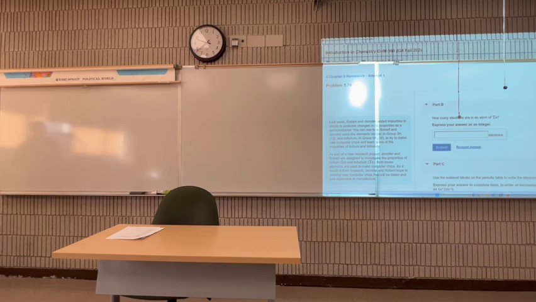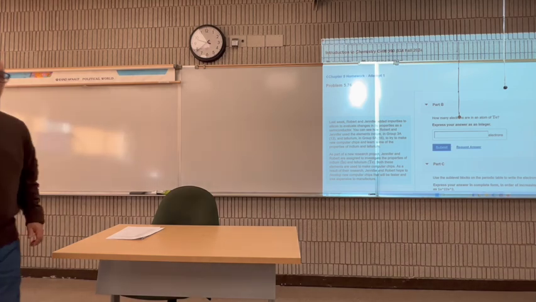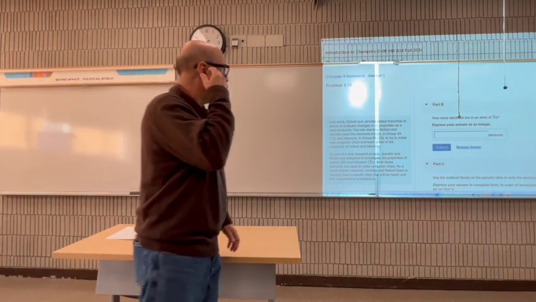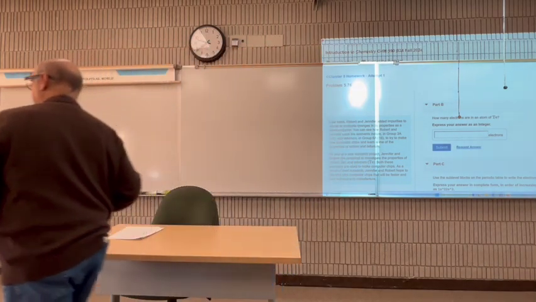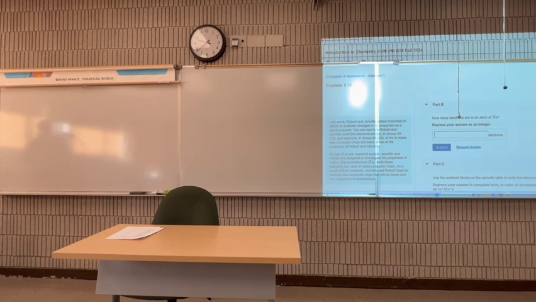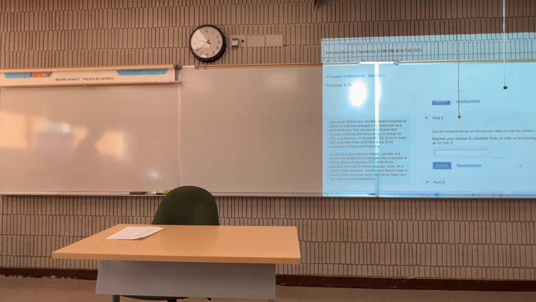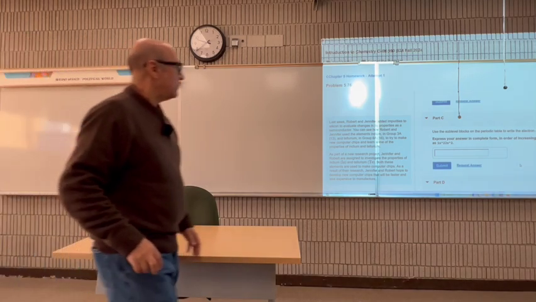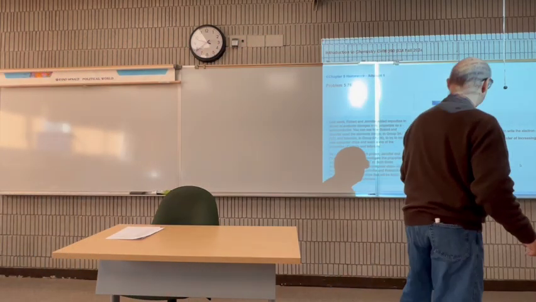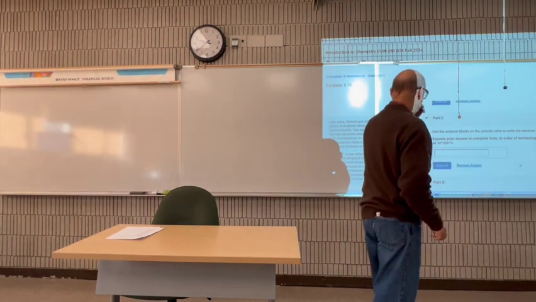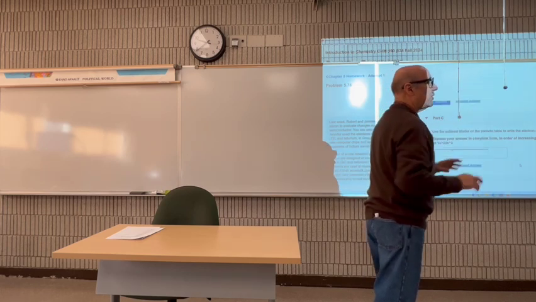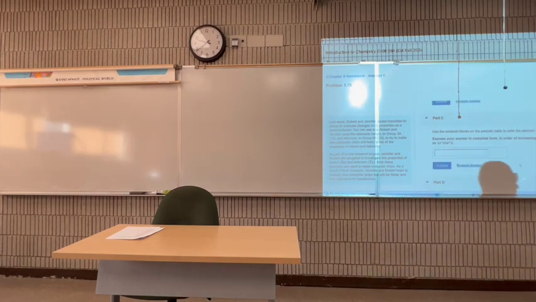How many electrons are in an atom of tellurium? We are still considering neutral atoms, so the same number of protons, 52. On part C, use the sublevel blocks of the periodic table to write the electron configuration of an atom of tellurium. So looking at that periodic table, tellurium is in block P, right?